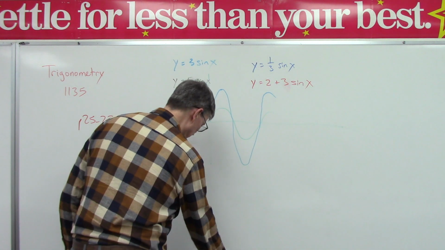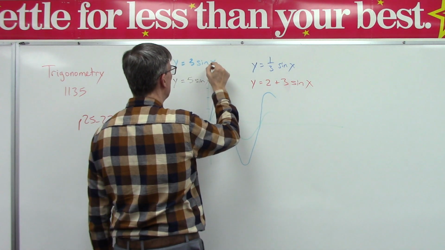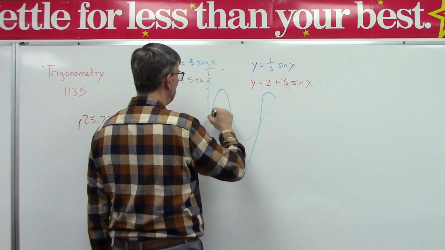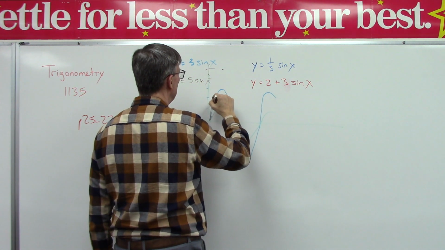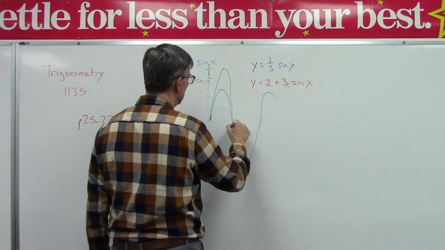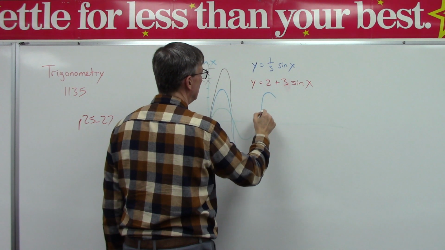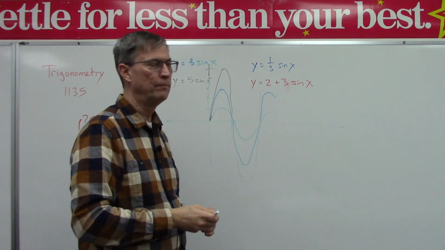So a 5, look at that. A 5 sine x means it's going to go, I got to extend this, all the way up to here for its maximum. And then it's going to go through here, go all the way down to -5, and then come all the way up, okay? You get the idea?